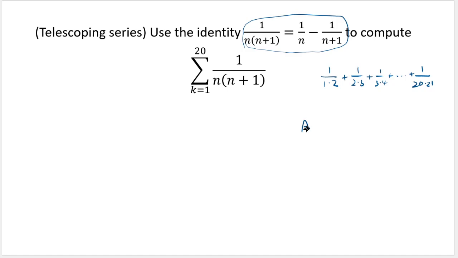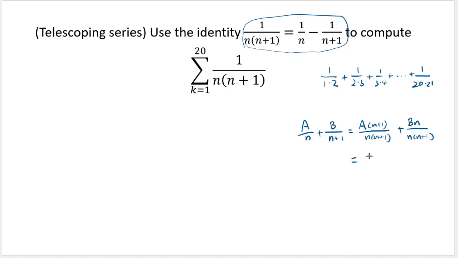If you have something over n, and if you have something over n plus 1, and if you combine them, you need common denominators. So you would multiply n plus 1 to the first one, and for the second one you would multiply by n, top and bottom, so that now they have the common denominator.